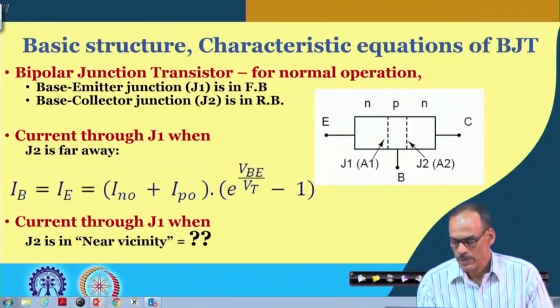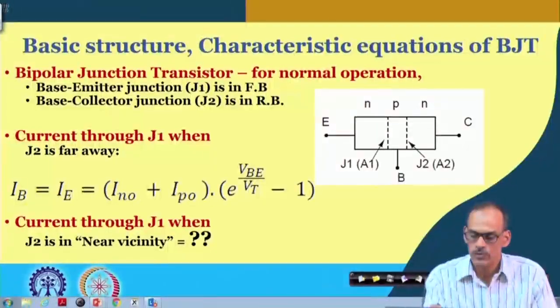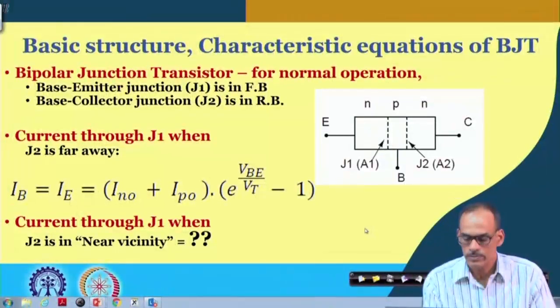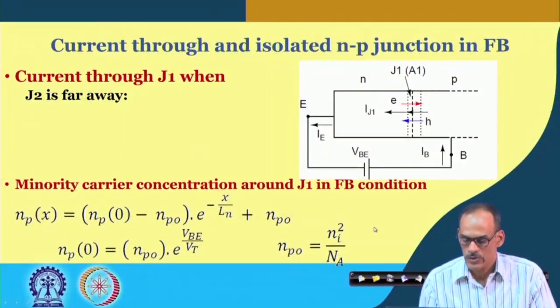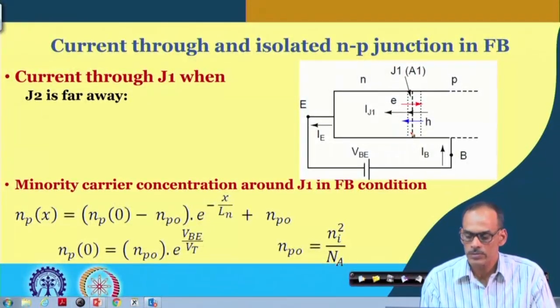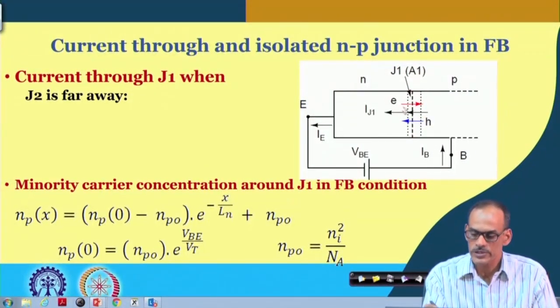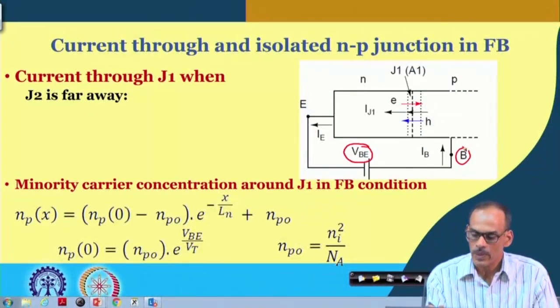So, let us see this structure in a little more detail and focus on this junction. Here we are focusing on the junction 1 portion. We have zoomed this part, and we have the VBE voltage, the base to emitter voltage, applied.